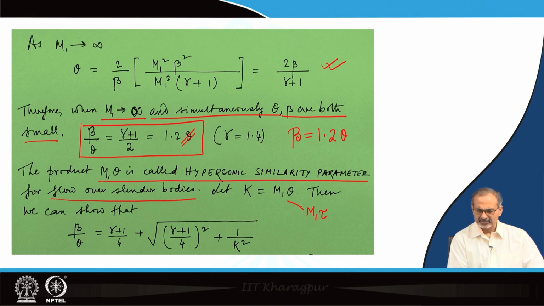That and this are practically equivalent. We can show that based on the definition of the similarity parameter K, beta by theta can be expressed through an equation like this in terms of K and gamma.